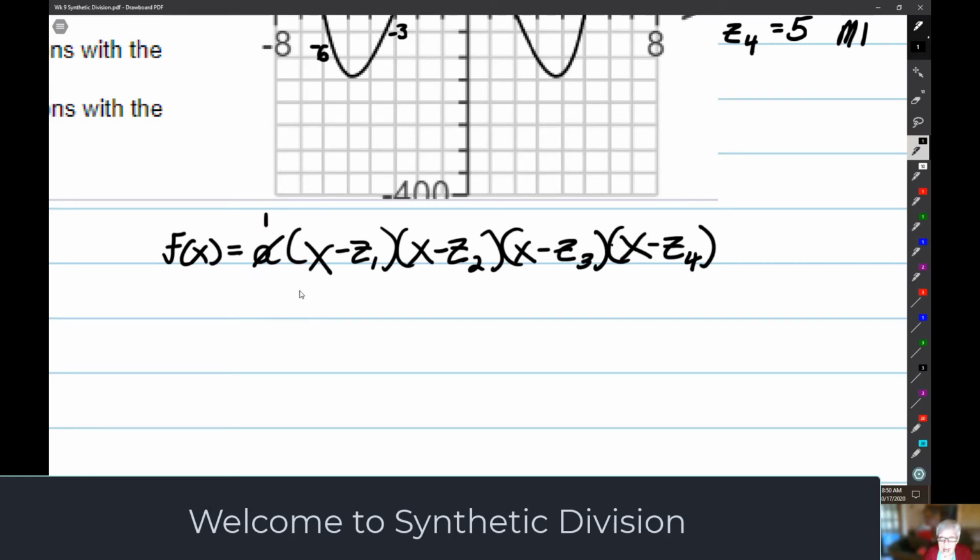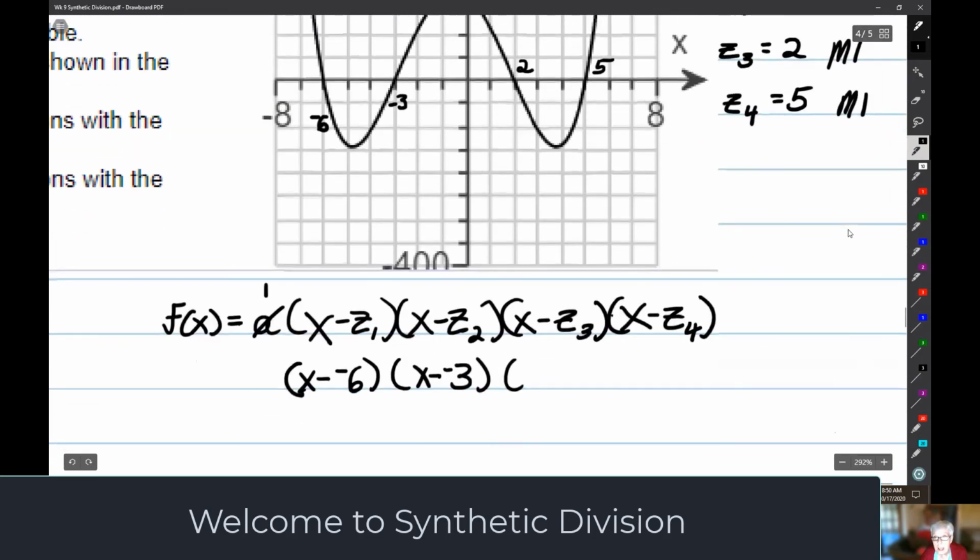So our 4 factors, because I can't find any others, are going to be x minus -6, x minus -3, and we're just supposed to list them. x minus 2, and x minus 5. So you have to start off with the minus sign being there.